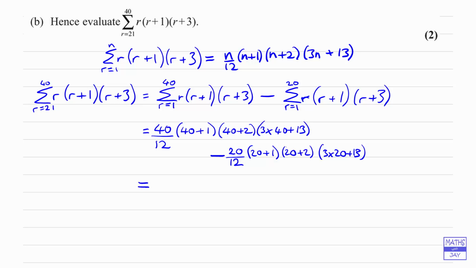And then if you work out all that lot, you will find that you get 763,420 minus 56,210, and that will come to 707,210.